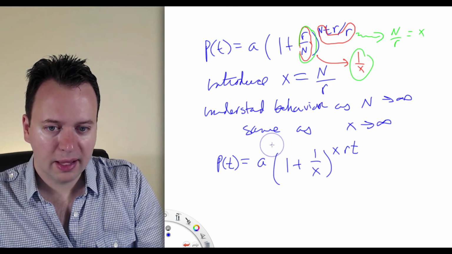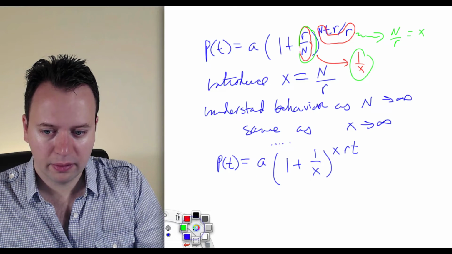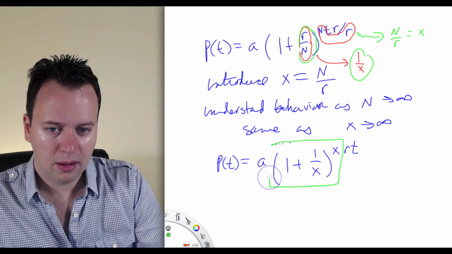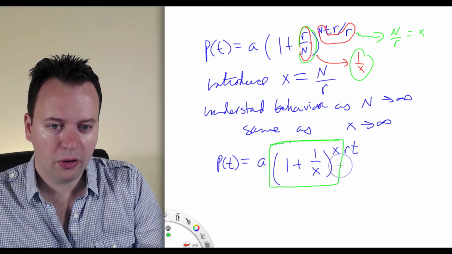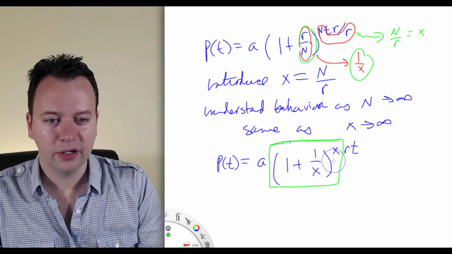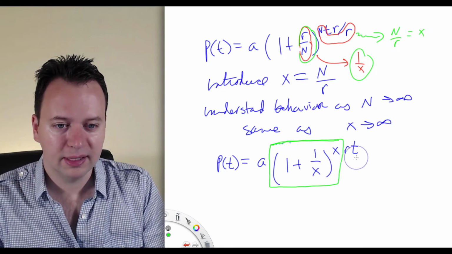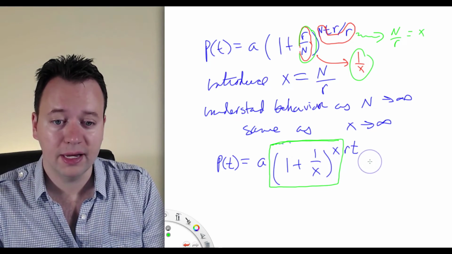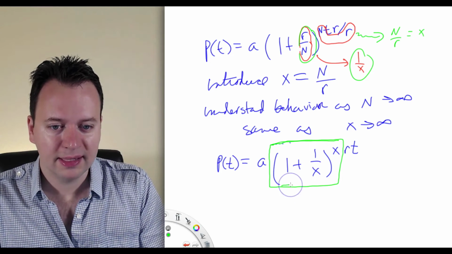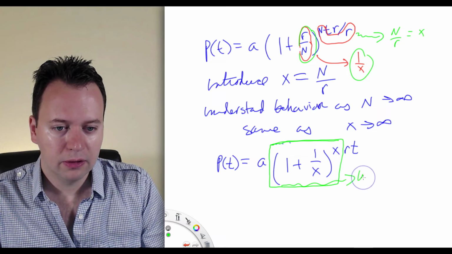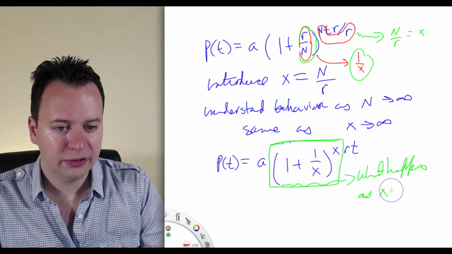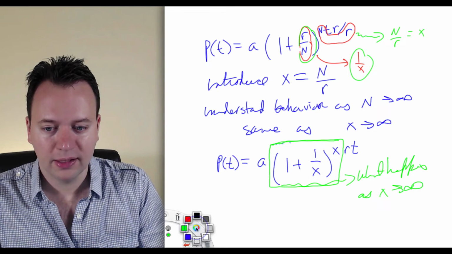And we notice that we have a quantity that no longer depends on any of the other parameters. So we have something that only depends on x, and then whatever this is, it's to the power of rt. So the idea is, what happens as x goes to infinity of that quantity?